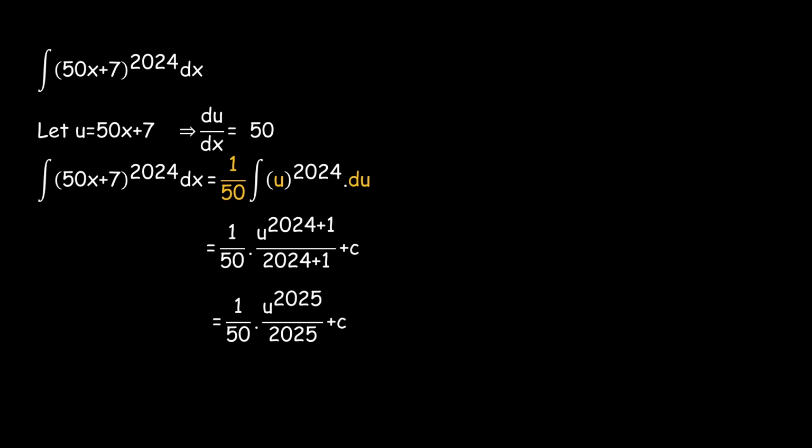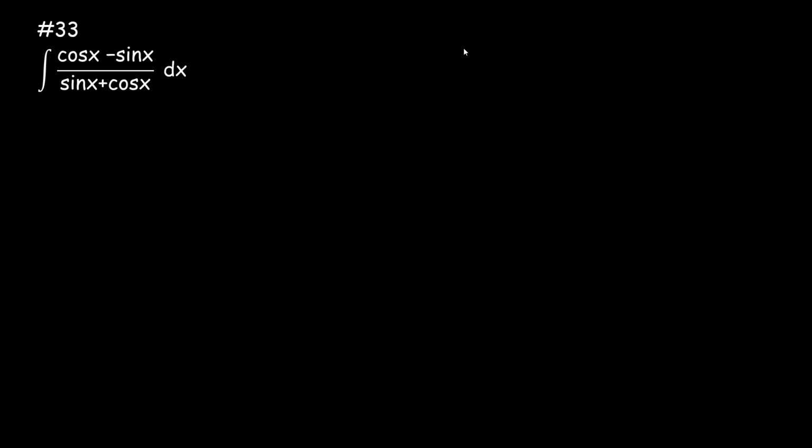Replace the value of u back into our final equation. This would give us 1 over 50 times 50x plus 7 to the power 2025 over 2025 plus c. Number 33, we have the integral of cos x minus sin x plus cos x.